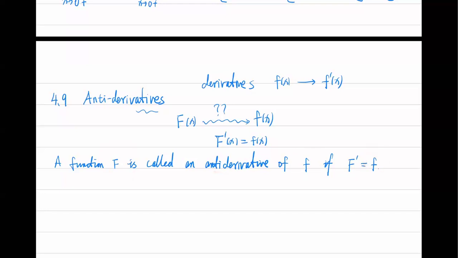A very quick observation. F is an antiderivative, and the general antiderivative.